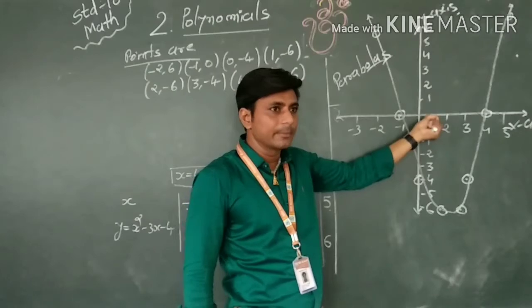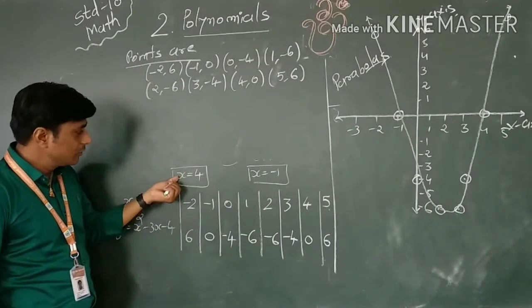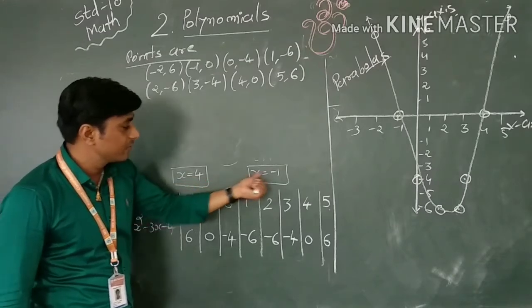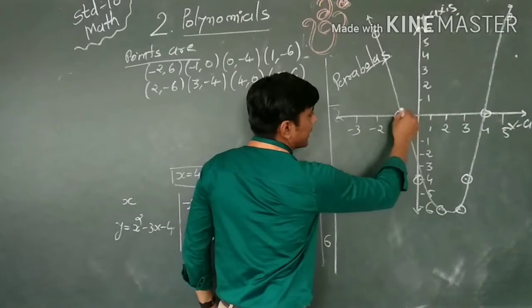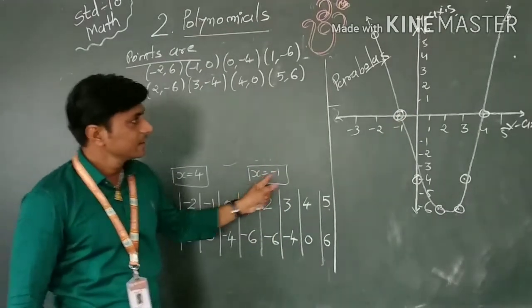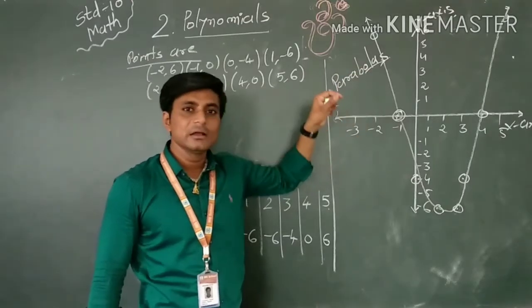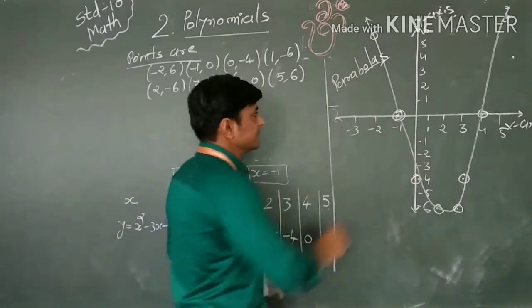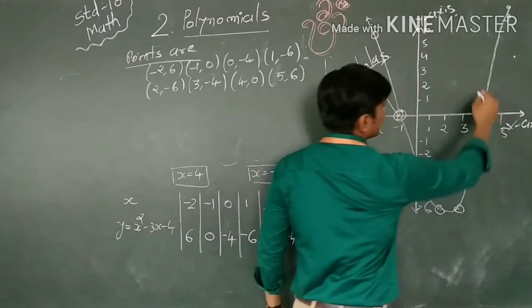Look here, what is the algebraic meaning? Here the value of x is equal to 4 and x is equal to -1. The intersection of the graph and the x-axis is at two points, -1 and 4.